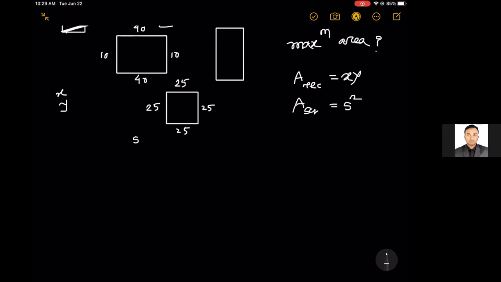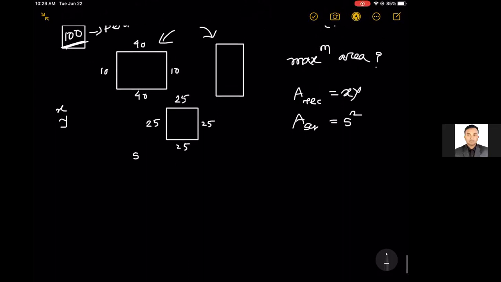The side squared, right? So if we just take a look at these two rectangles, obviously a square is a rectangle, but it has a precise name because it has the sides equal to each other.